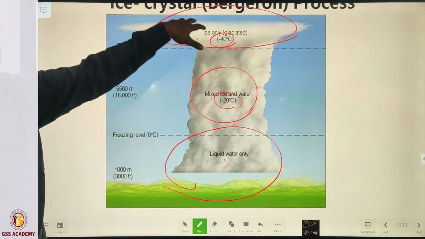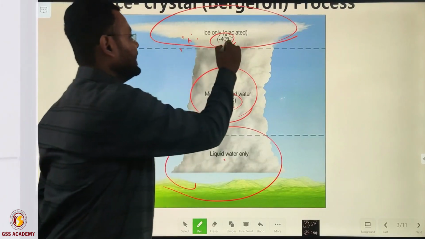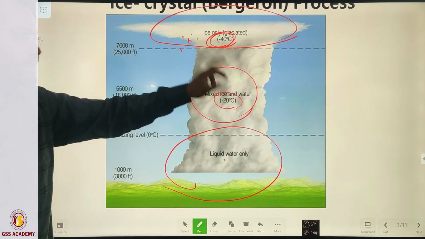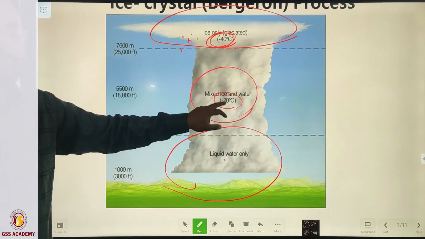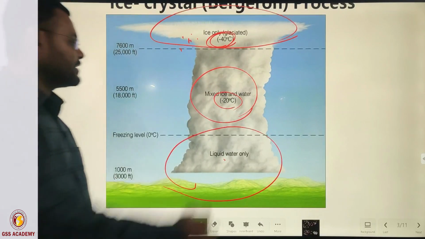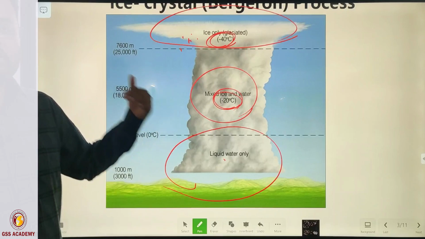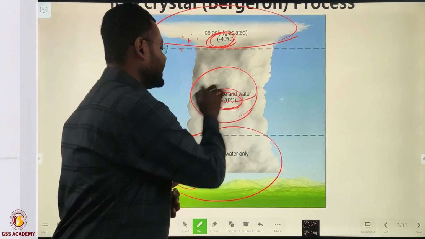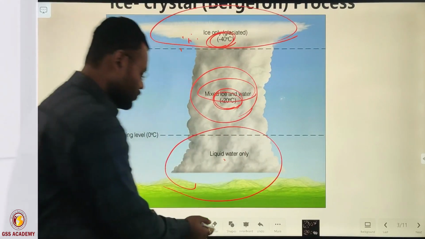This part of the cloud will only contain ice if its temperature is relatively low, whereas in the mid part of the cloud, although the temperature is less than the freezing point, as we have already discussed, there exist two regions which do not allow the liquid water to convert into solid. It contains a mixture of ice and water.